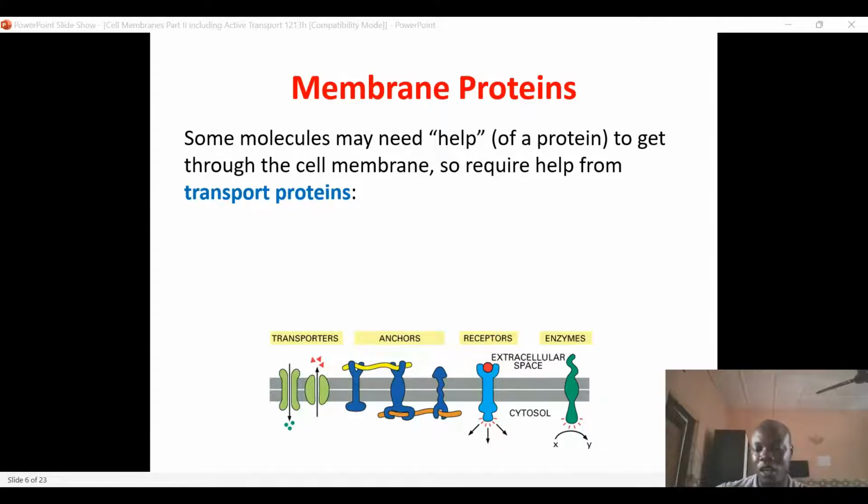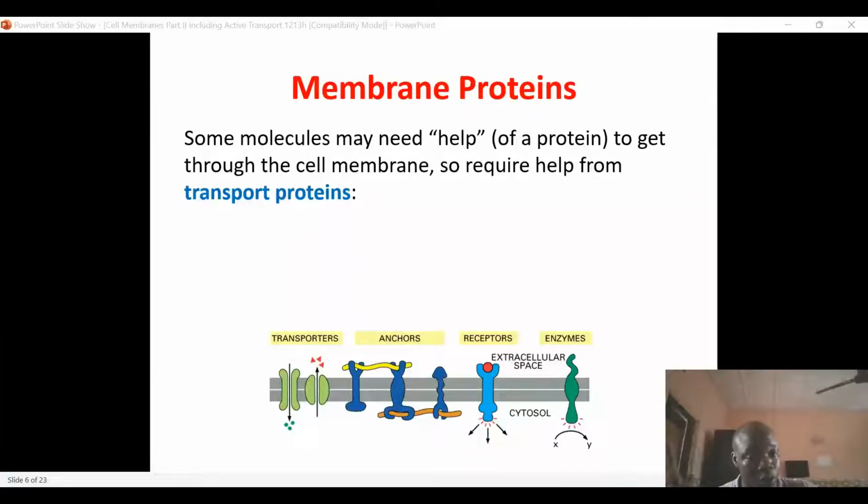Ladies and gentlemen, I want you to understand that these are examples of the proteins that are found on the cell membrane: transporters, anchors, receptors and enzymes.